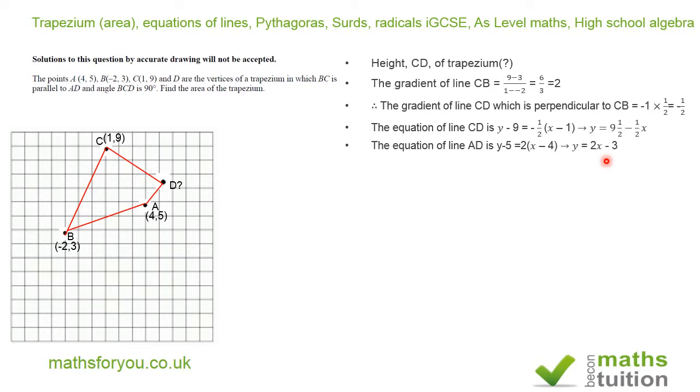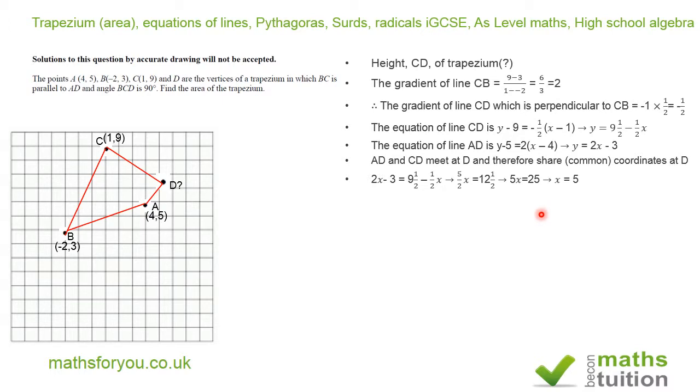We now have the equations of the lines CD and AD, and because they share a common point at D, the coordinates at D will be common to both as well. So the y value of D will be common to both CD and AD. We then equate the 2x minus 3, which is the y value for AD, to 9.5 minus a half x, which is the y value at D. When we simplify this, we end up with x equal to 5.